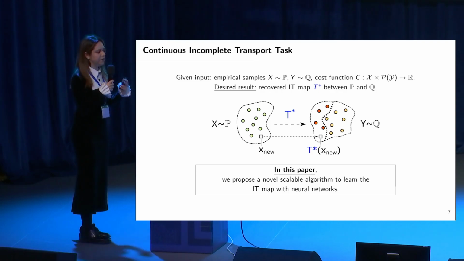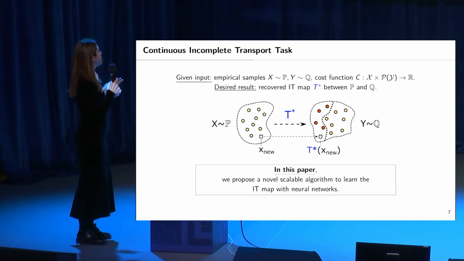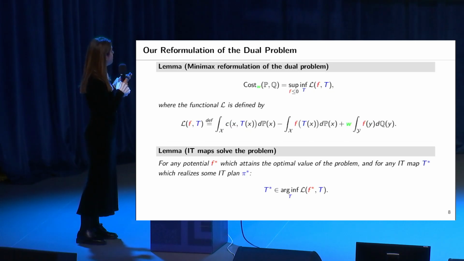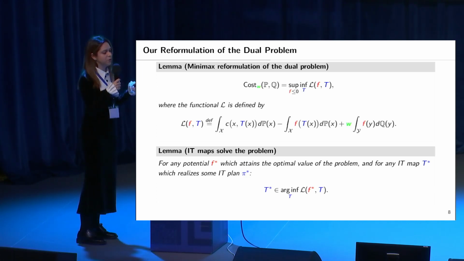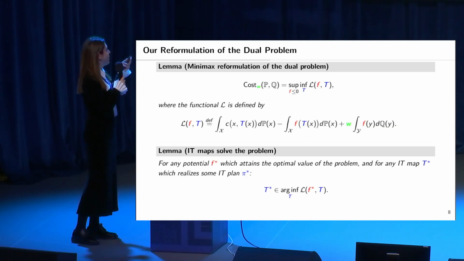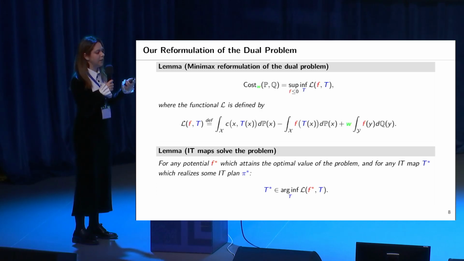In our paper, we propose a novel algorithm to do it with neural networks. As we prove in the paper, this problem can be solved using the following saddle point optimization objective. And when we solve this objective, the obtained incomplete transport maps can be used as domain translation ones.